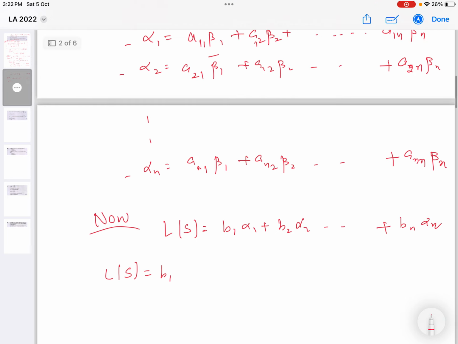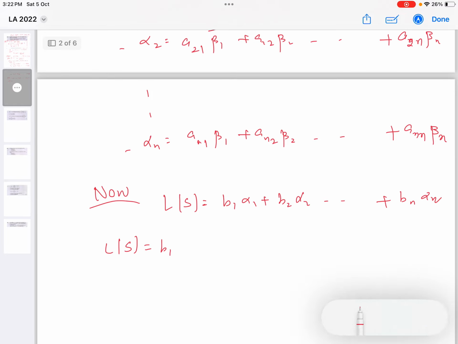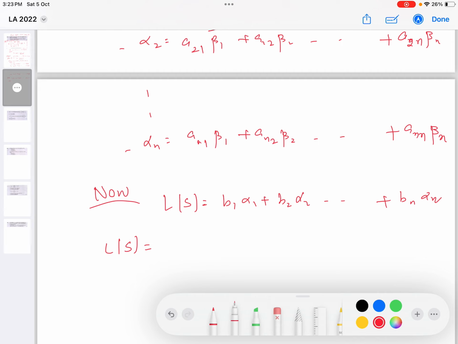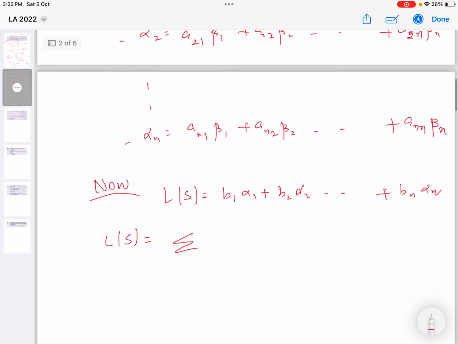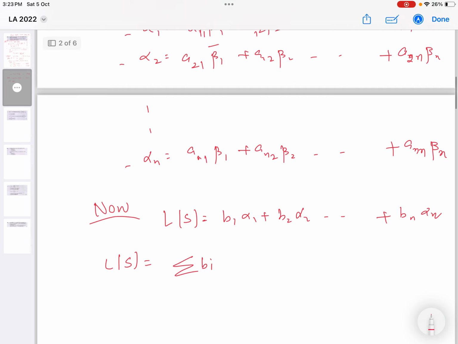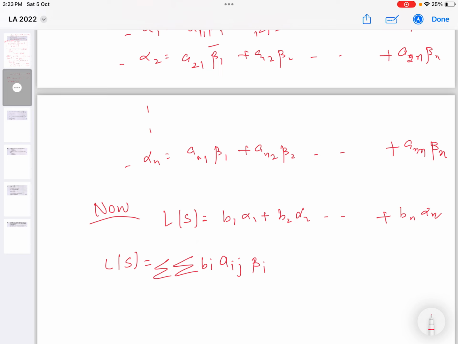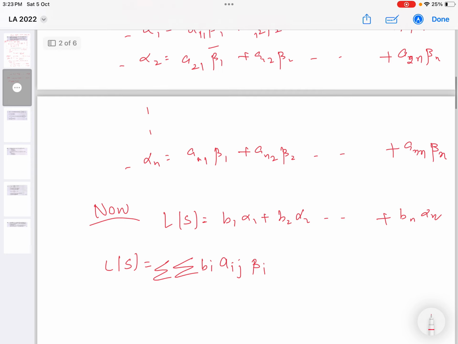B1 alpha 1 is nothing but we can write it as a summation of Bi Aij beta j, where the summation will go from 1 to n and j will go from 1 to n.